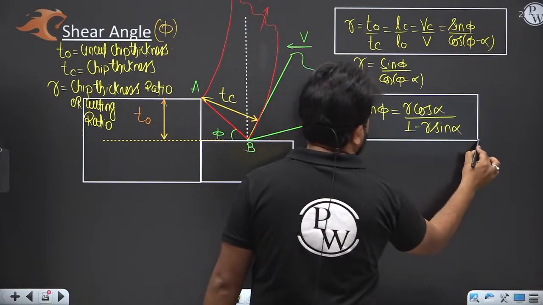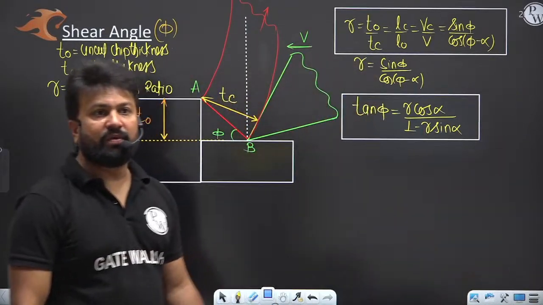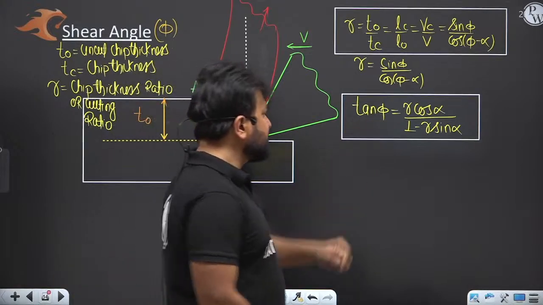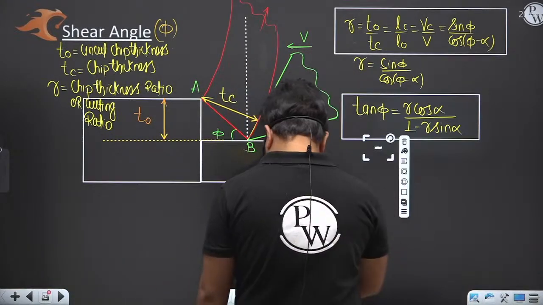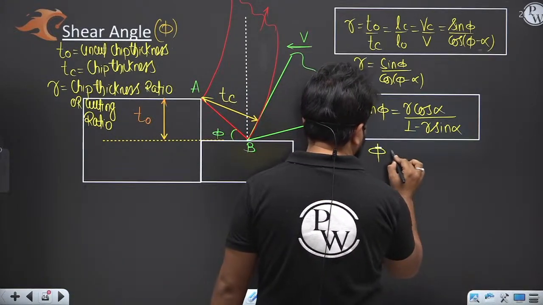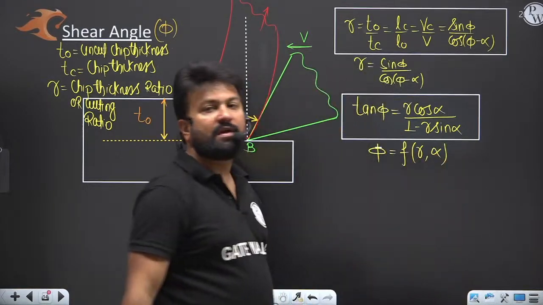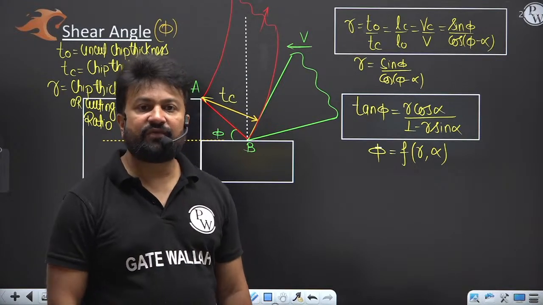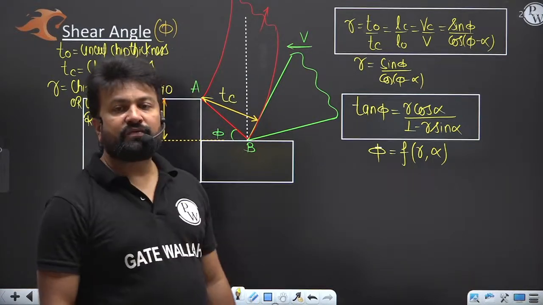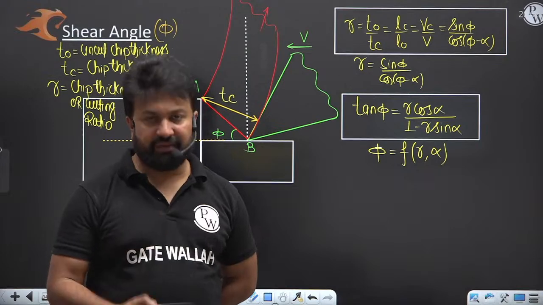This is a very important formula. Here you can see that phi is a function of the chip thickness ratio r and alpha, so phi depends on the cutting parameters.